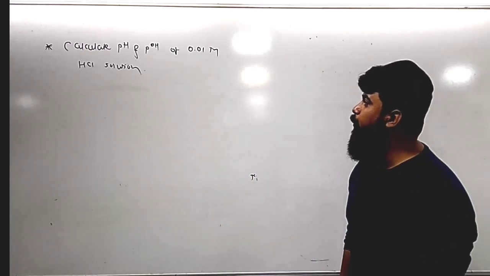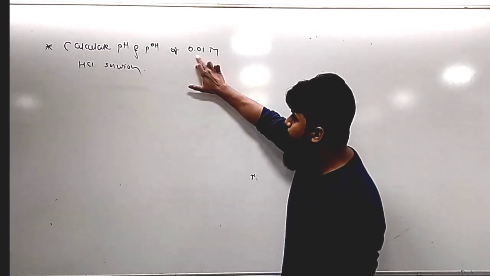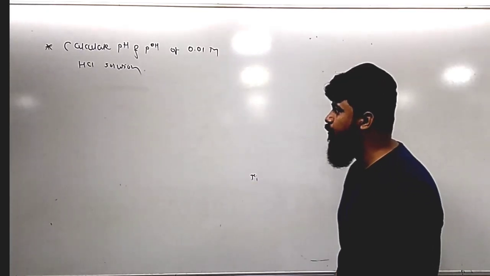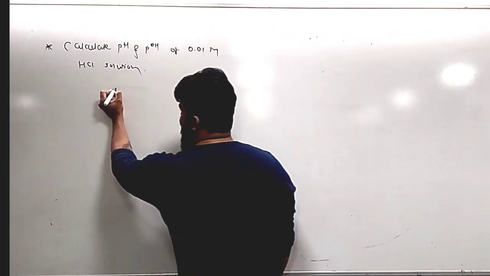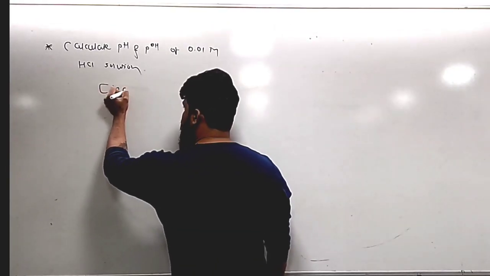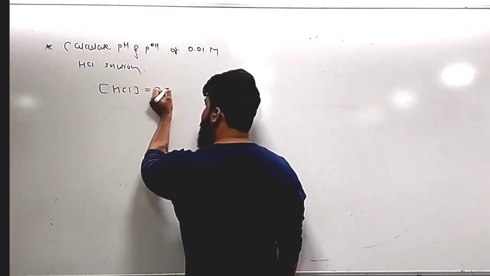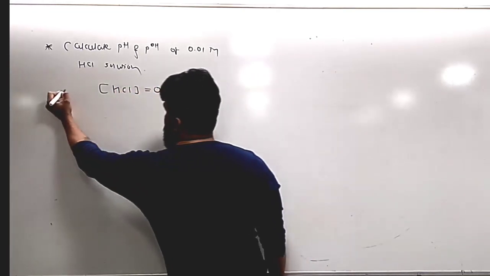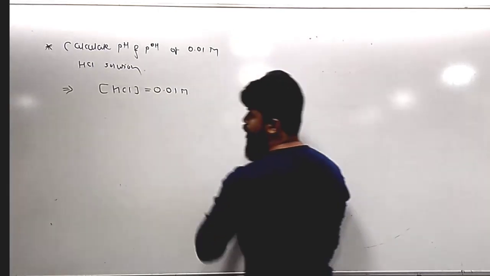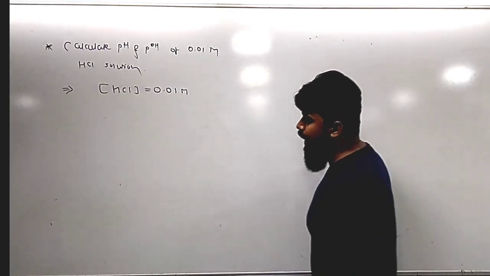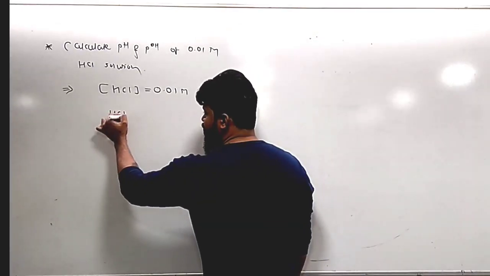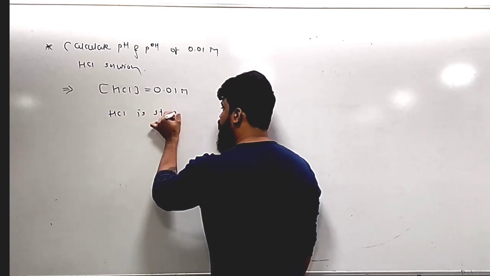The numerical wants to know about the pH and pOH of 0.01 molar HCl solution. It means that we have the concentration of HCl solution, which is given as 0.01 molar. This is the given term. Now everybody knows that HCl is a strong acid.